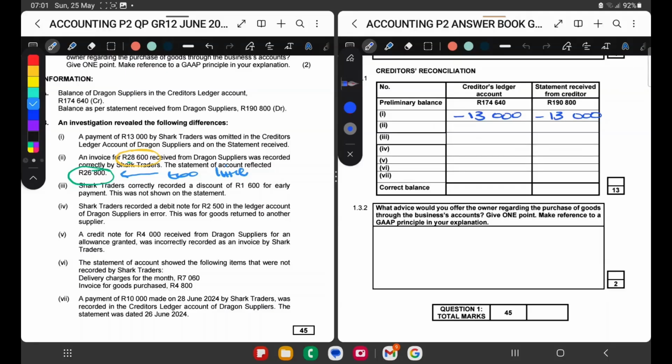So I'm first going to work out the difference: 28,600 minus 26,800. The difference is 1,800. So for adjustment number 2, the statement, they made the mistake. And if too little is entered, we're going to add the difference, 1,800. And that's how you do that adjustment.